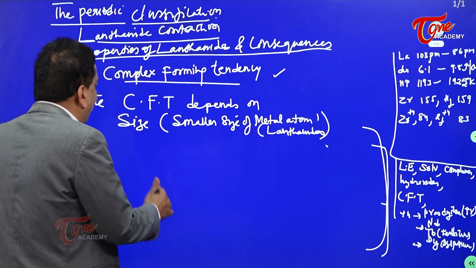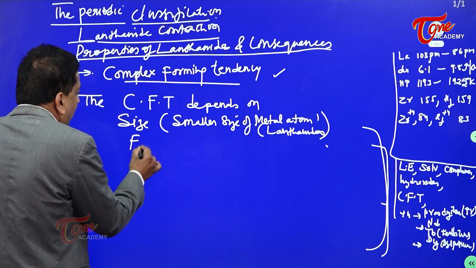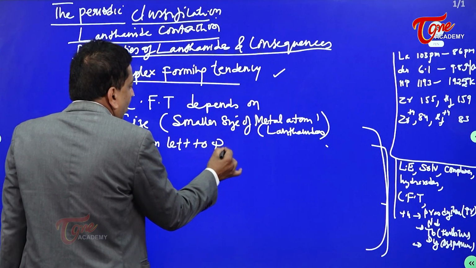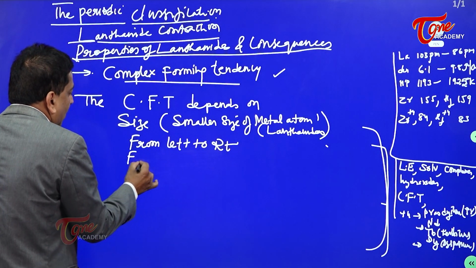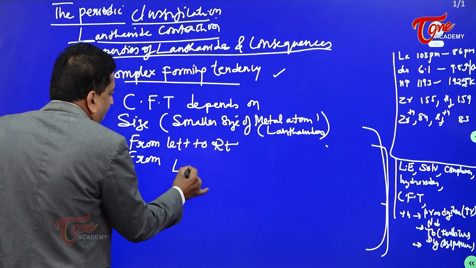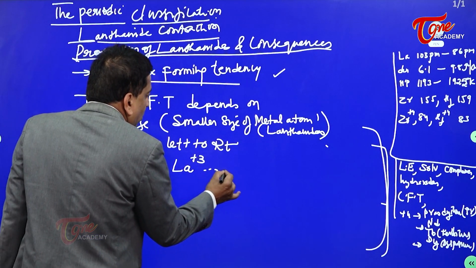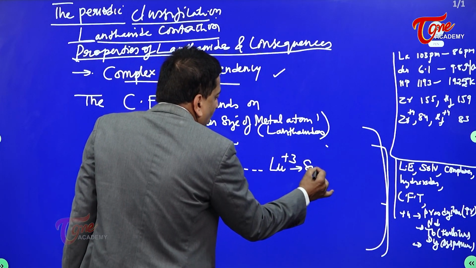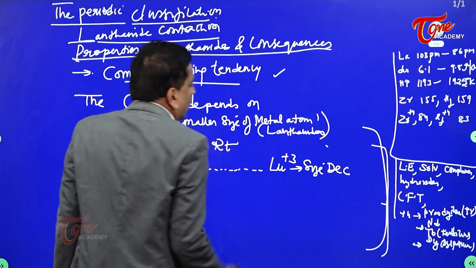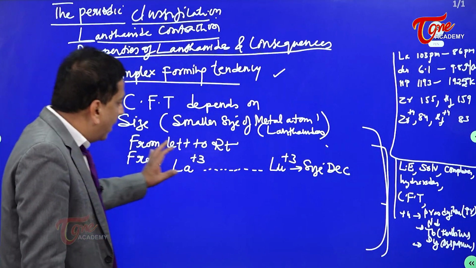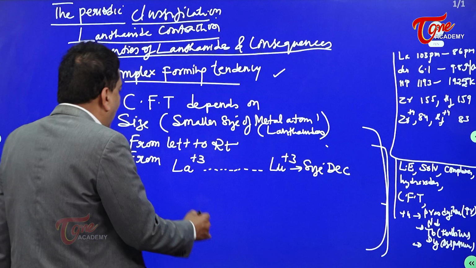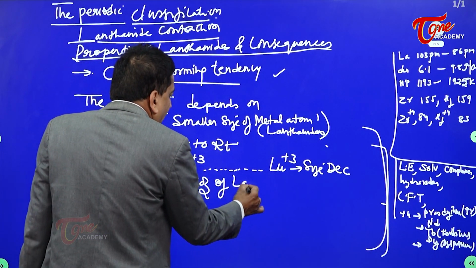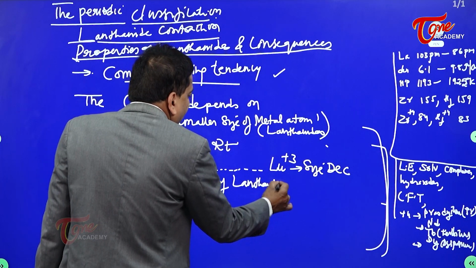Metal atoms. And if you look from left to right, from lanthanum +3 to lutetium +3, the size actually decreases. The size basically decreases, and that's because of lanthanide contraction.